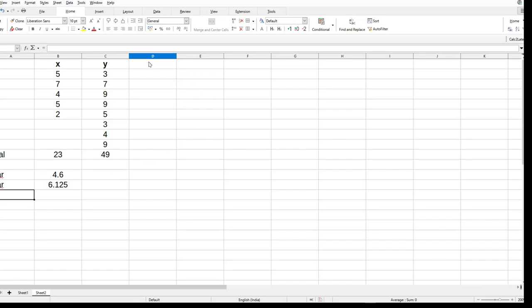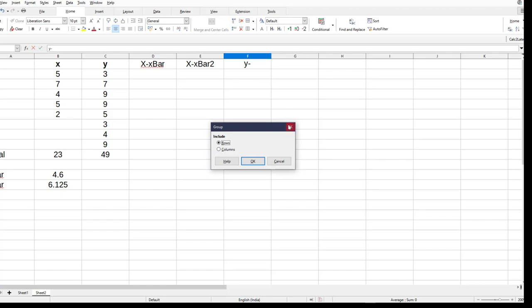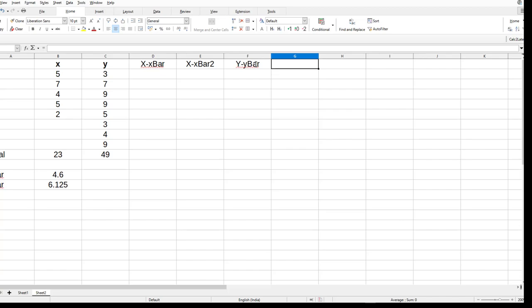Now you need to find out x minus x bar. So x minus x bar, and we need to find out x minus x bar square, right? Similarly you need y minus y bar, and you need y minus y bar square, right?